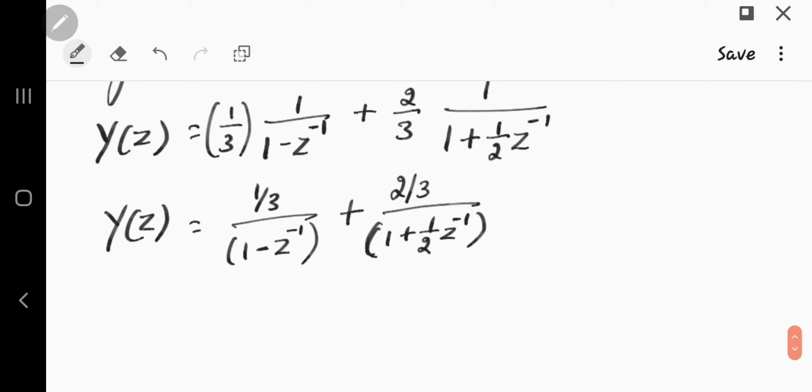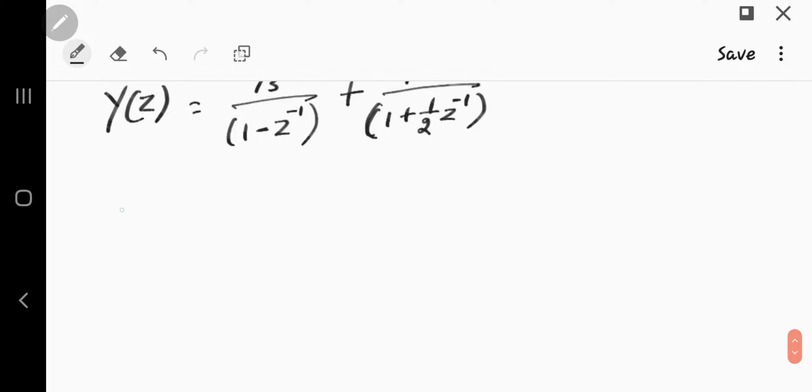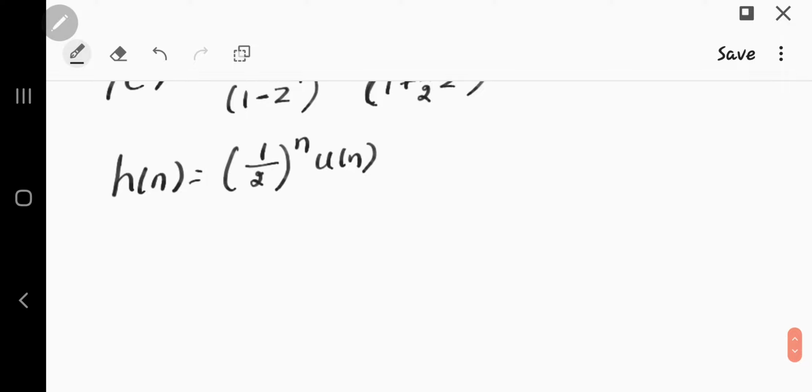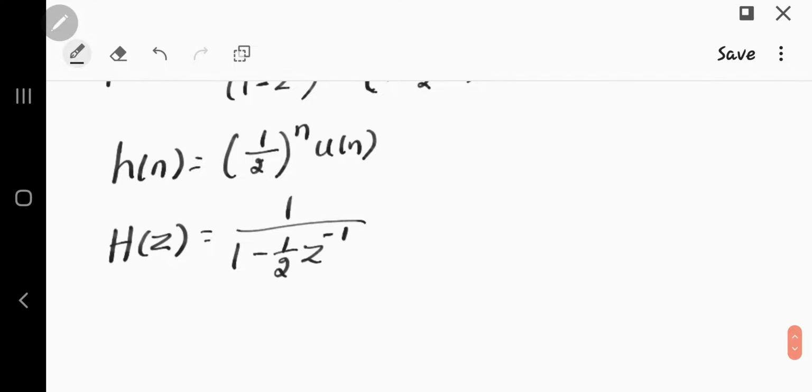Now, in a similar way, h of n is given as 1 by 2 to the power of n into u of n. If you take the z transform, h of z is equal to 1 divided by 1 minus 1 by 2 z inverse.